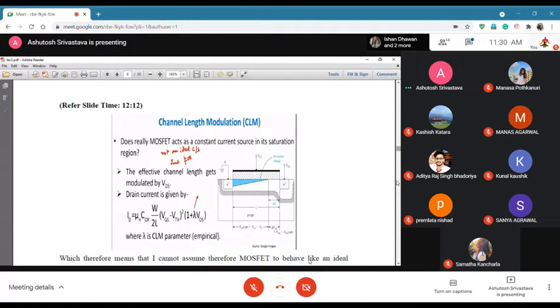It is TSMC which is now talking about less than 10 nanometer as mass scale production, not at a research level. Research level doesn't mean much until it is on the chip which you use in your day-to-day application.